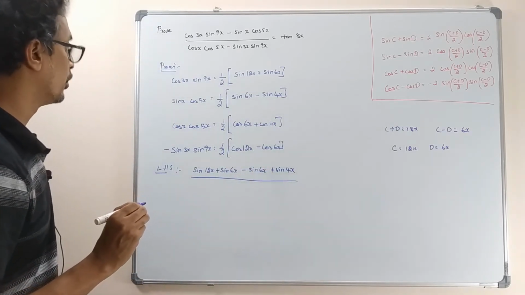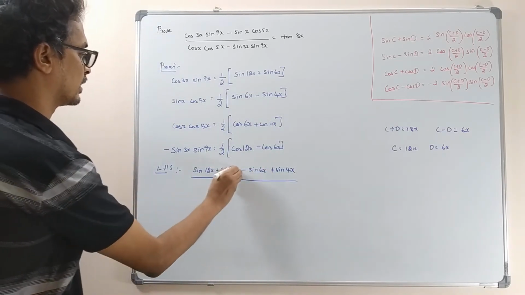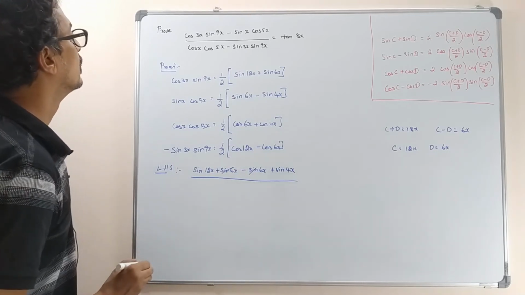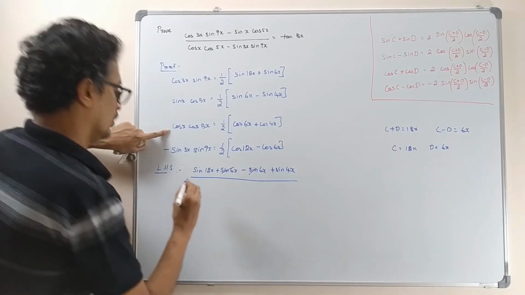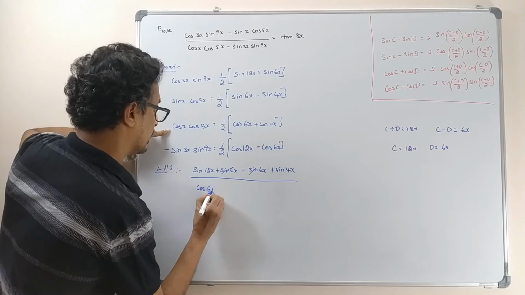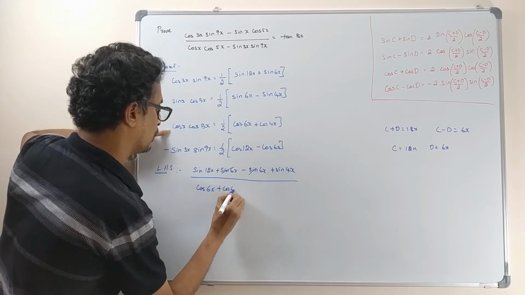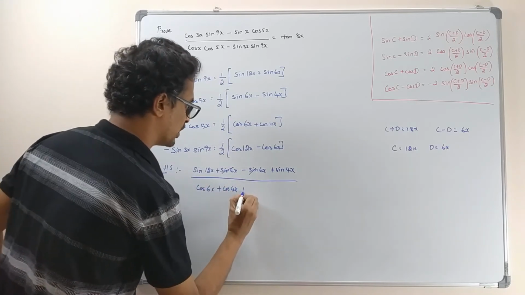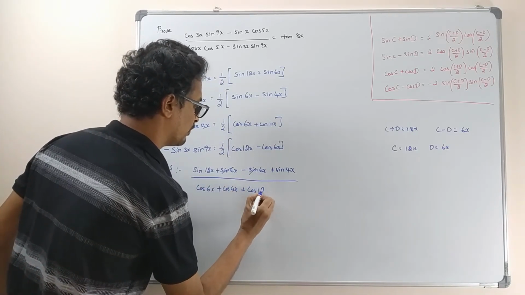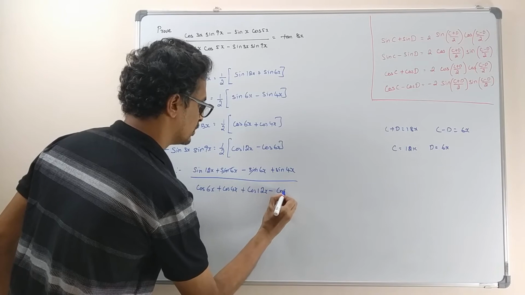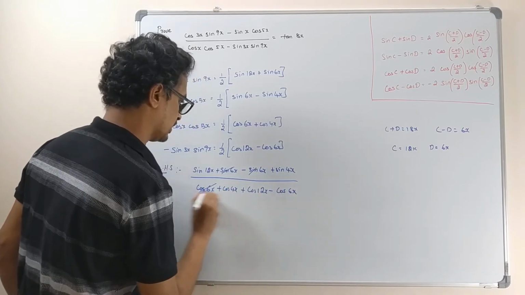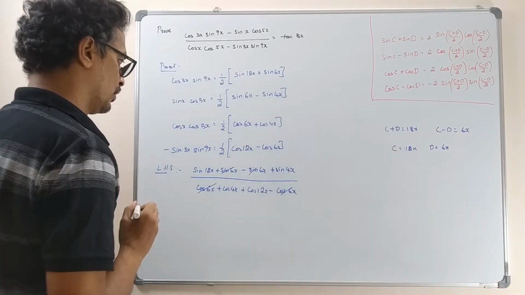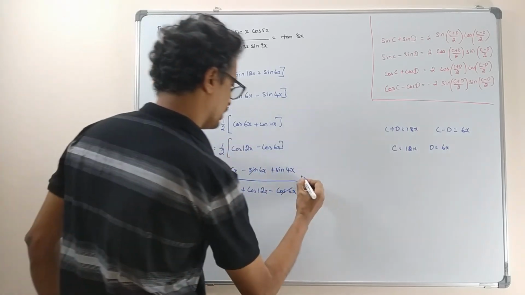Okay? Now tell me what is the denominator? So this will get cancelled off. Cos 6x plus cos 4x. And the minus becomes plus right here. Plus cos 12x minus cos 6x. So this 6x is also cancelled. So what are we having?